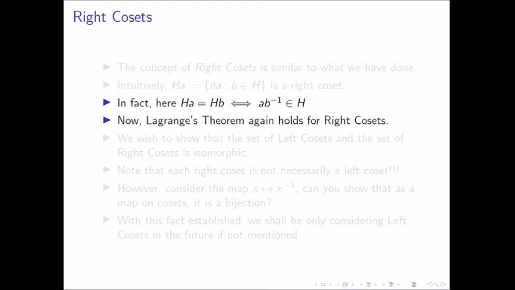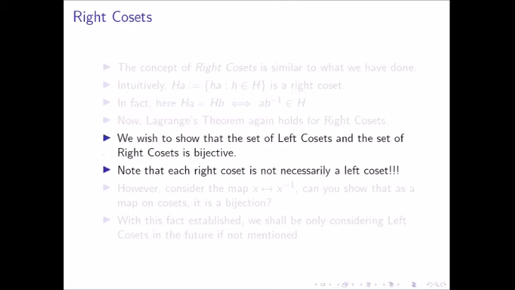Now Lagrange's theorem again holds for right cosets, because over there we are considering the equivalence relation, and indeed again right cosets turn out to be equivalence classes, with the partitions being the cosets. We now wish to show that the set of left cosets and the set of right cosets are bijective. First of all, note that they are not necessarily the same.